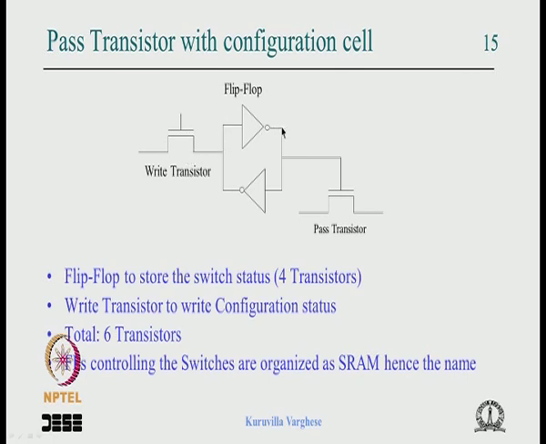This becomes 0, and the 0 comes here and is latched, and the input can be removed. That means you give a pulse here, it gets latched onto the flip flop, and the pass transistor is on or off depending on what you give here. The only thing is that you give the opposite of what you want as far as the structure is concerned.